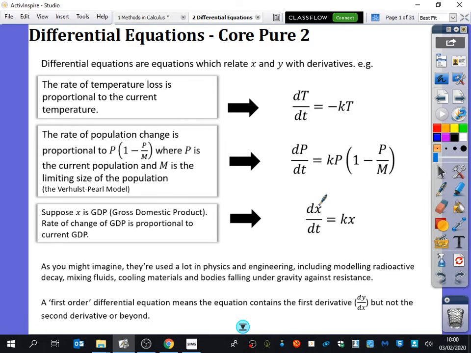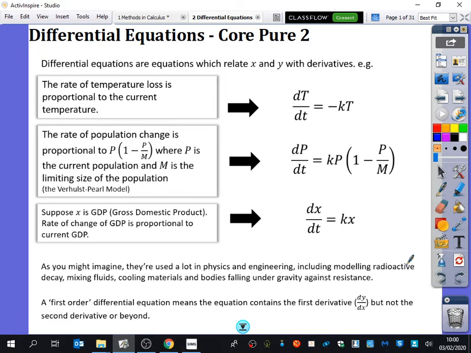And most things in real life that we try and study are connecting things that are changing to other things that are changing. And actually, it's quite easy to set up these things and say, oh, well, I think the population is going to be related to the current population in this way. But then to try and find out what an equation is for the population, to go back to the original equation, is a bit difficult. So it says here, as you might imagine, they're used a lot in physics and engineering, including modelling radioactive decay, mixing fluids, cooling materials and bodies falling under gravity against resistance.